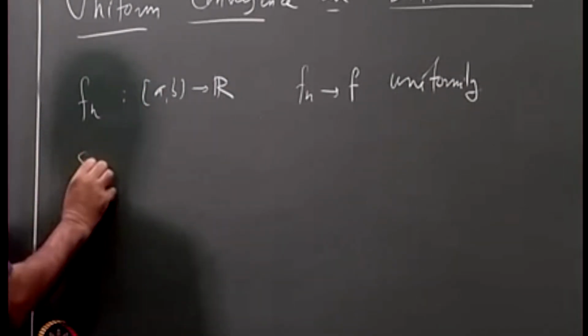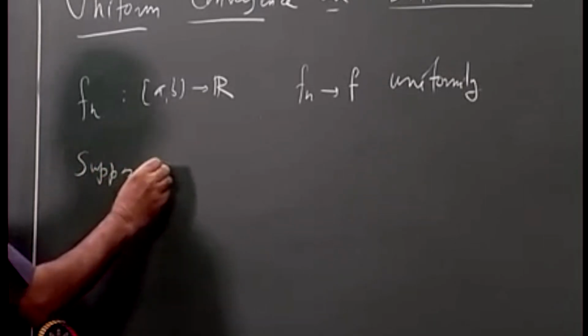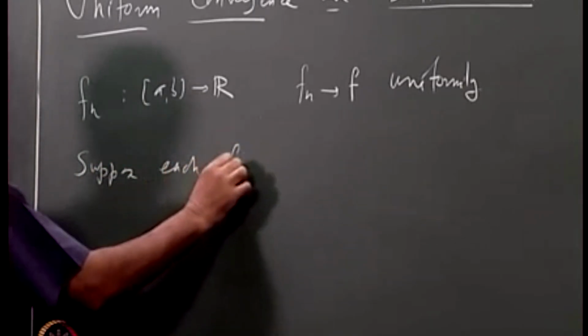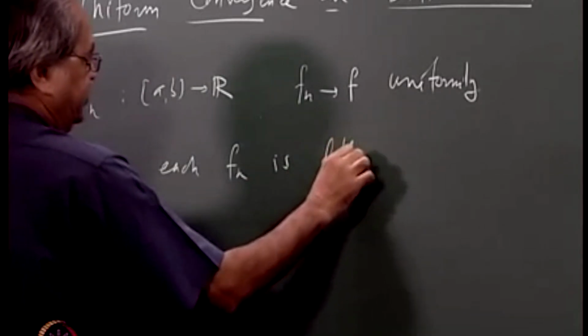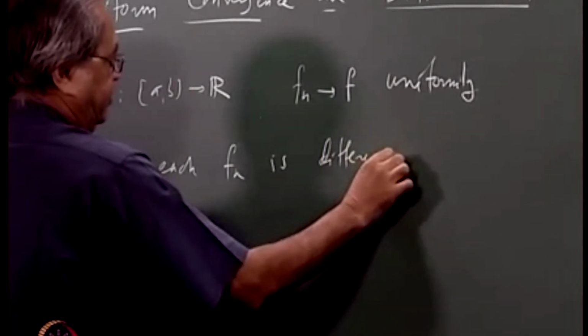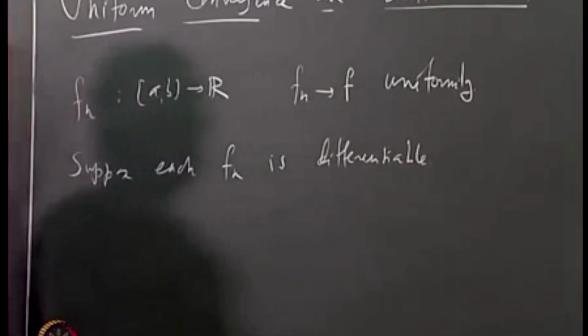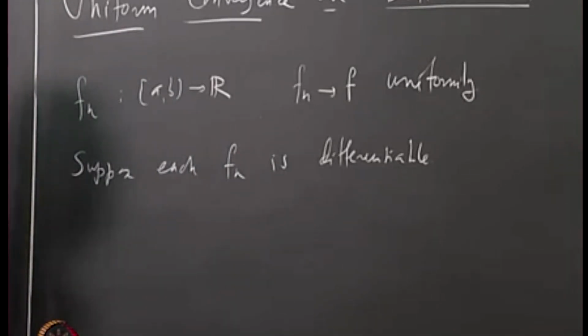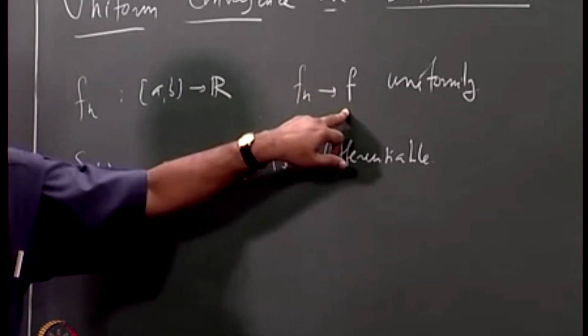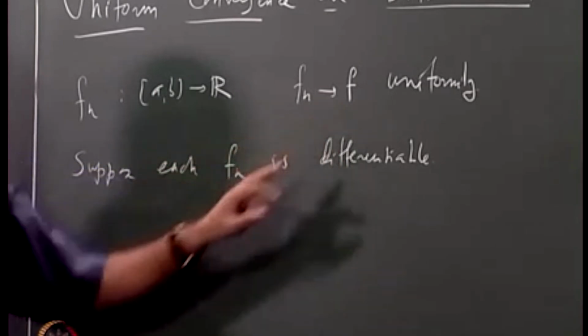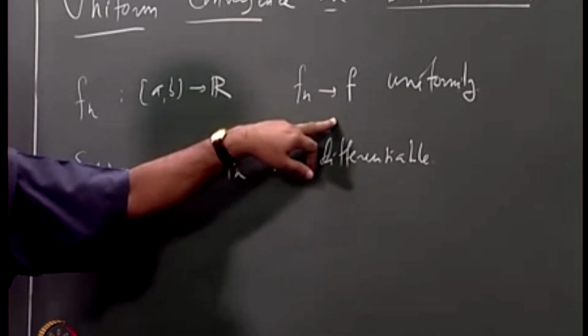Then suppose each fn is differentiable. What we might expect is that if each fn is differentiable, then f also is differentiable, and not only that, we should also expect that fn prime converges to f prime.